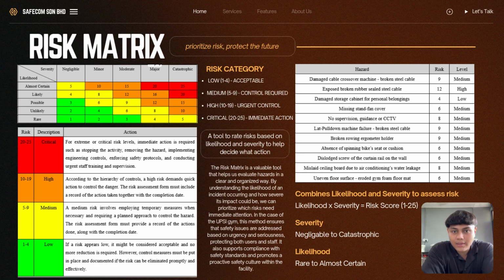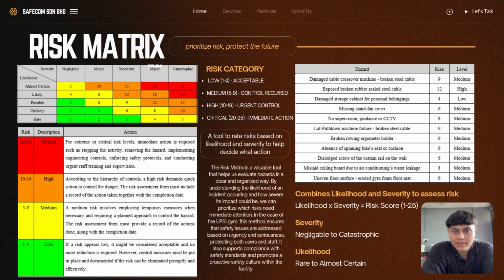Based on the score, actions are recommended. For example, for low, the score is between 1 and 4. It is an acceptable risk, but control measures should be in place and documented. For medium, the score range is 5 to 9, and temporary or planned control measures are required, with actions recorded.